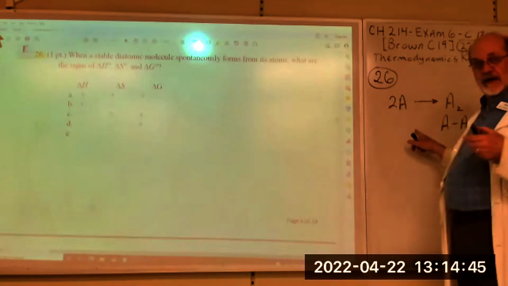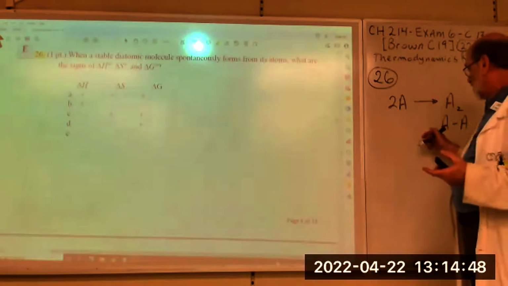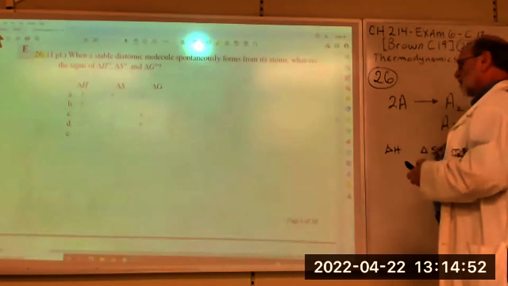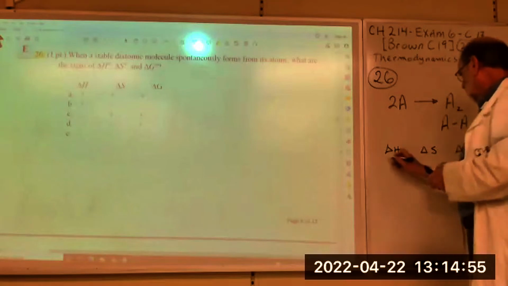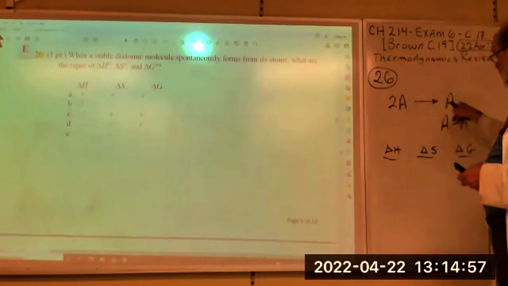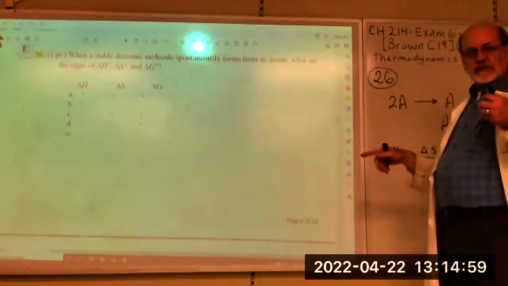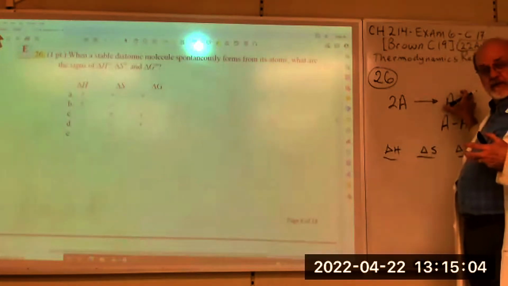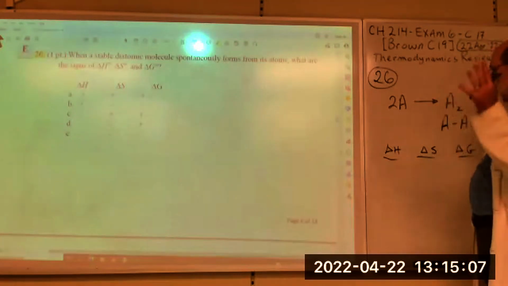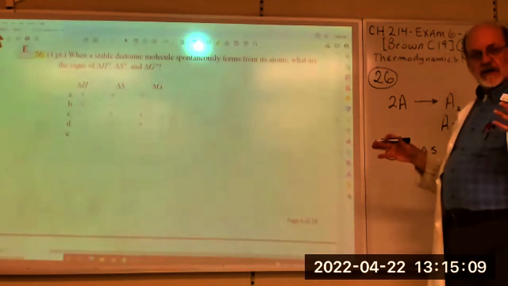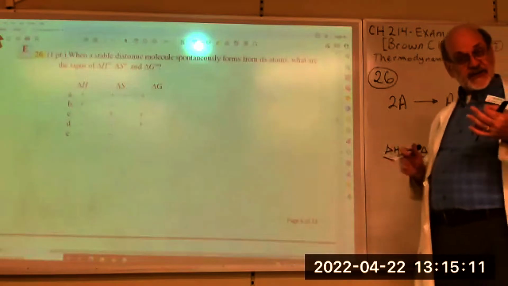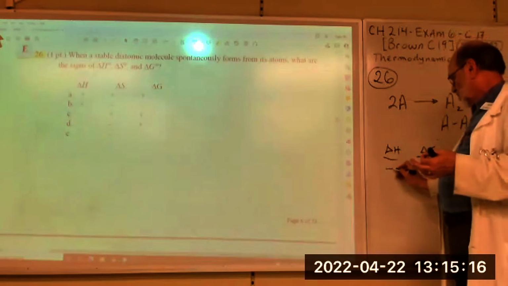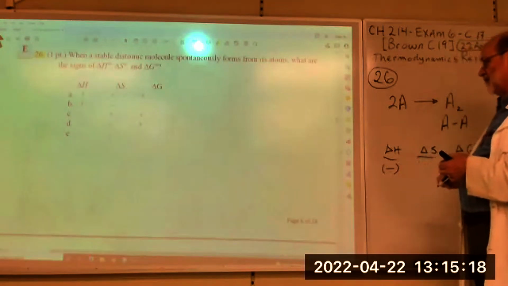So we should have a negative delta H. Let's see, we've got delta H, delta S, and delta G. Okay, so if we form a bond, the diatomic molecule is more stable, which means lower energy. So we had to give up energy. When you give up energy relative to the system, that's an exothermic. You lose energy. So that one's negative.